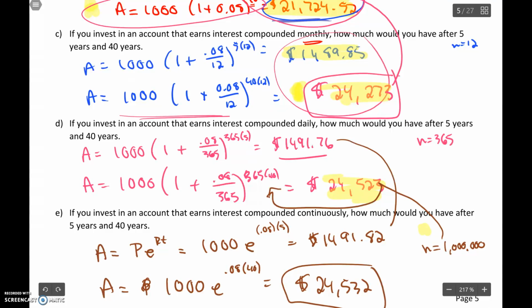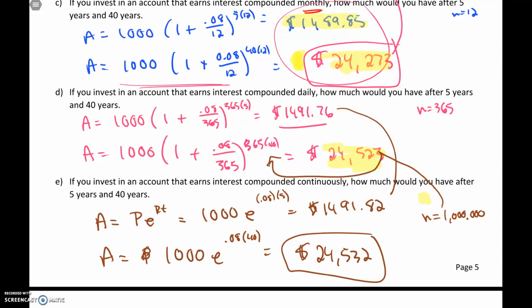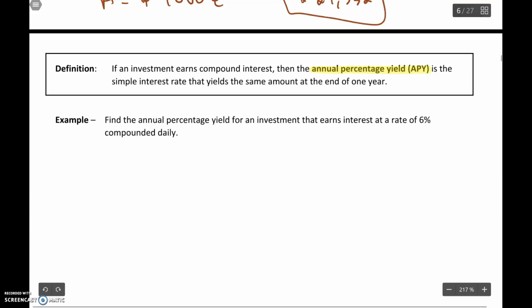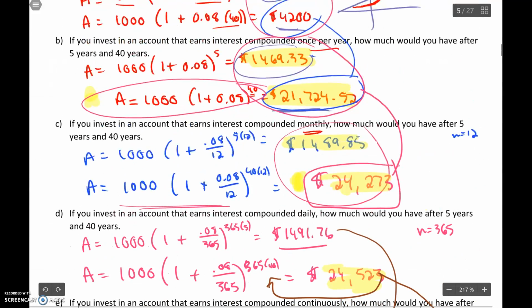I'm not a finance guy, but I'm thinking that if you invest your money in a bank, they don't actually tell you that it's compounded 365 times per year. They could probably just give you the annual percentage yield. As long as you know the APY, you can compare apples to apples, right? Like if you only know these schedules, you need to figure out whether a different compounding schedule is going to be better than a certain interest rate.